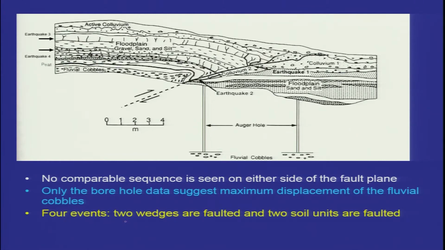So, 4 events were identified, based on these 2 soil units and 2 colluvial materials which were encountered in this trench. This colluvial material, which is also faulted along the fault, represents the second earthquake, the penultimate earthquake, and the final, latest one was along this, which suggests the formation of this colluvial material.